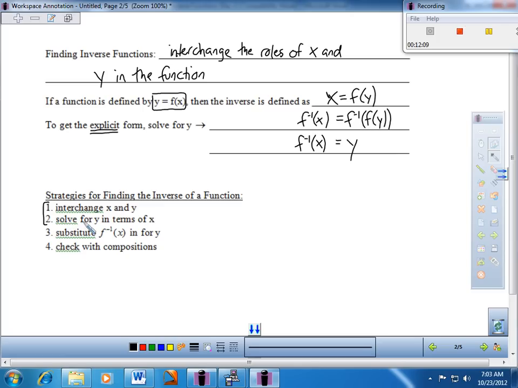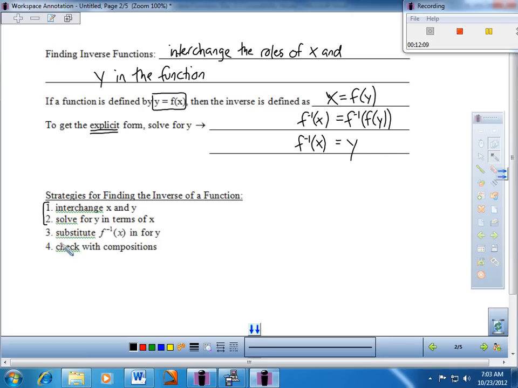And number 3 basically states that, well, okay, we've solved for y in terms of x, what does that represent? Well, what we found right here, everybody, and I'll circle that, what we found right here is when we solve for y, that actually is the inverse of f of x. So we really defined that relationship nicely. And then number 4, check with compositions if you need to. Remember the strategy from above, just that verification piece.